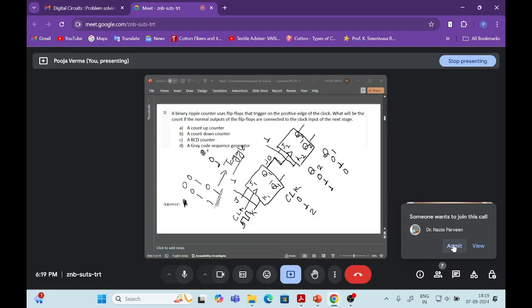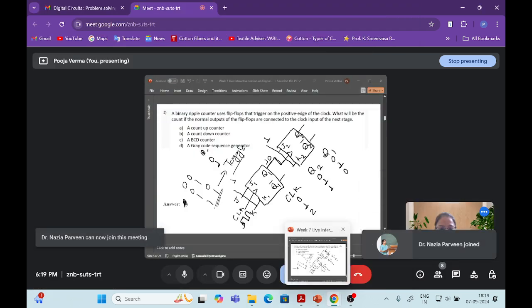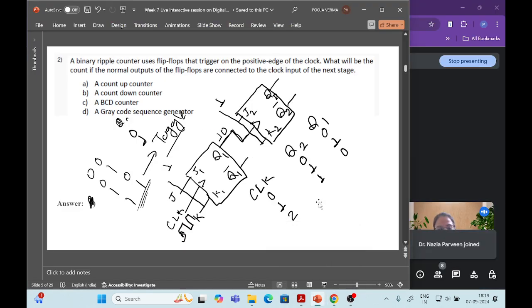Now when the next clock pulse comes, for example clock pulse 3, J1 and K1 are 1, so again it will toggle and Q1 will be 1.